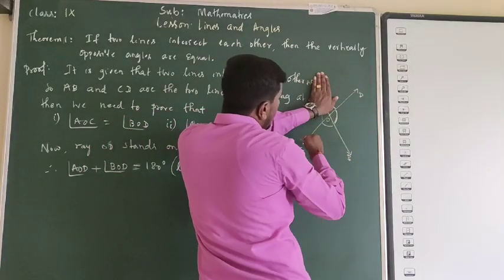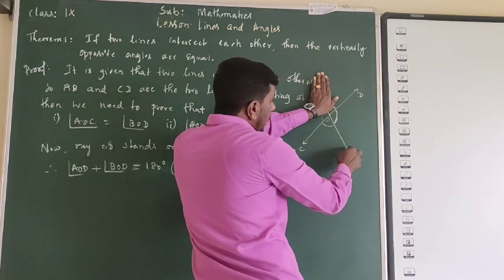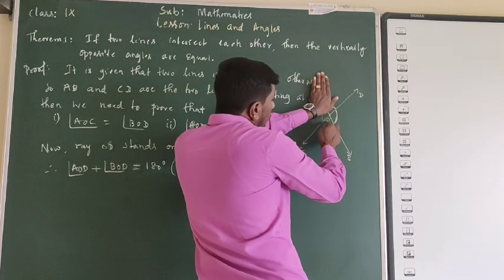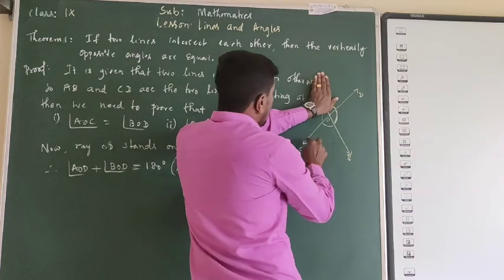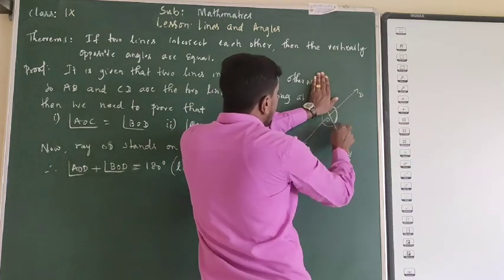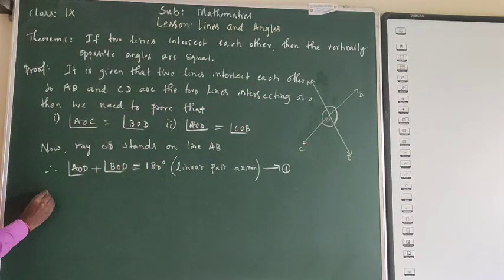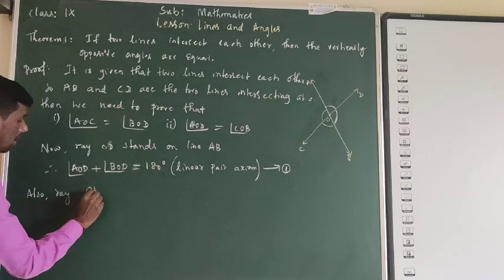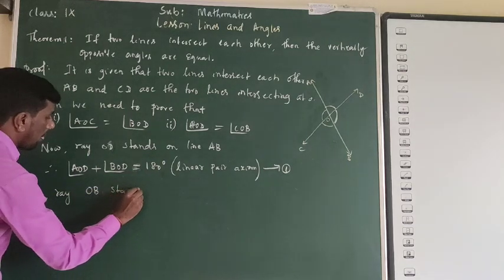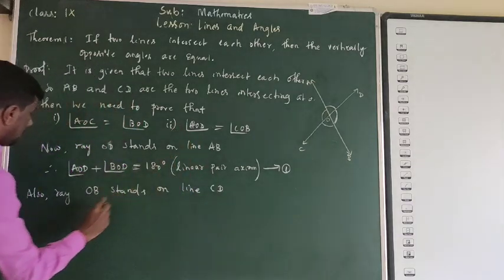Now CD is a line, and you can observe that OB is a ray which stands on the line CD. Therefore, what is the sum of these two angles? This plus this must be equal to 180 degrees, correct? Angle COB plus BOD must be equal to 180 degrees. That we also write. Now ray OB stands on line CD.